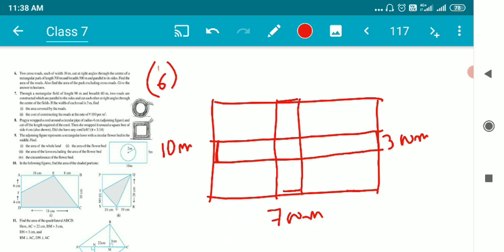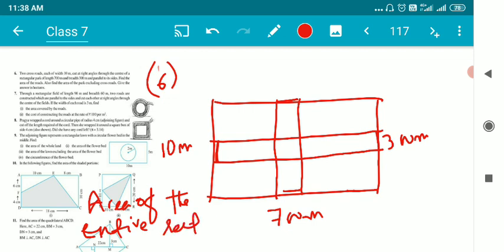First, we'll find out the area of the entire garden. The area of the entire rectangular garden is equal to length into breadth.